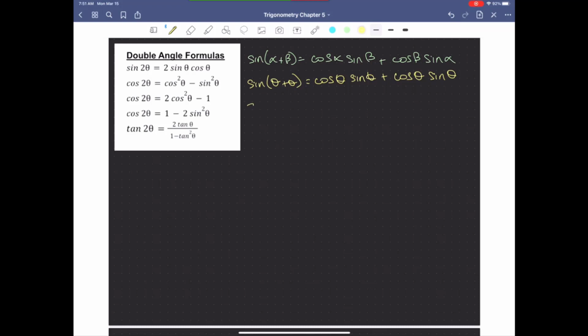If we just wanted to clean it up, we would have the sine of how many alphas? Or sorry, thetas. How many thetas? 2. Theta plus theta is 2 theta. Can I simplify this at all?